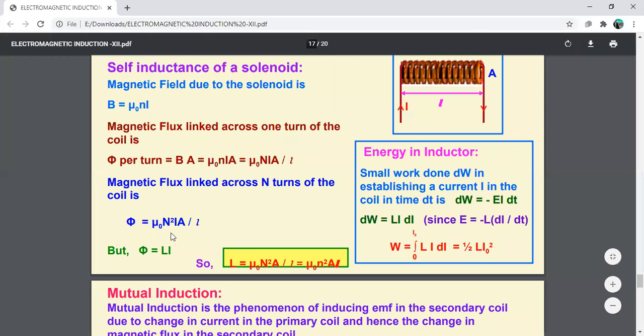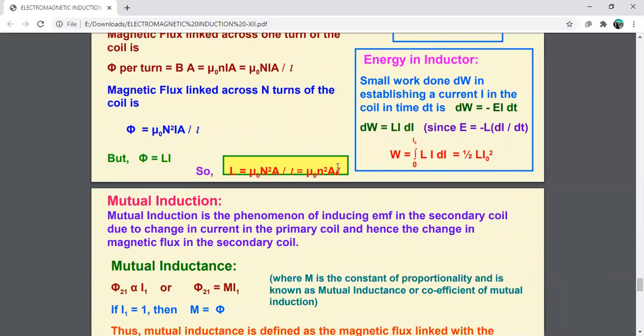Now comparing this magnetic flux with the expression of flux, Li, the I will cancel out, and you will get L equal to mu naught N square A divided by L. So this is the expression for self-inductance.